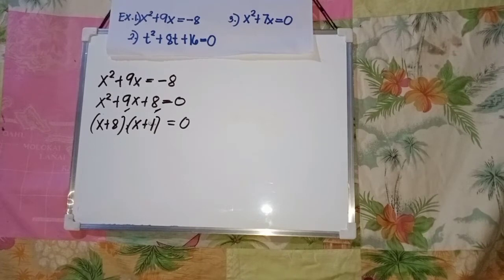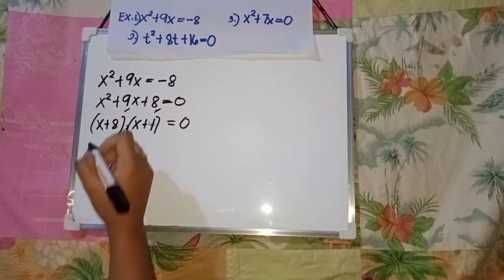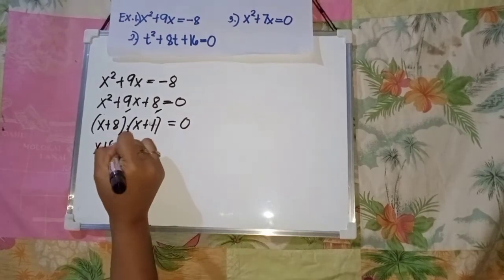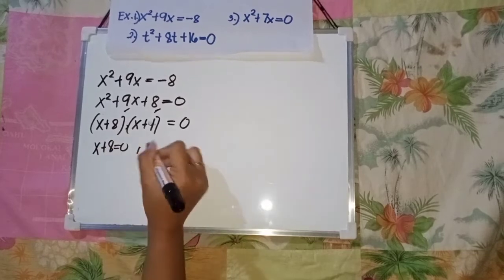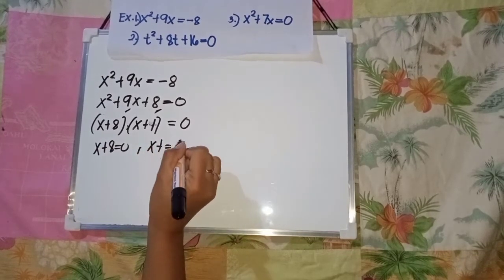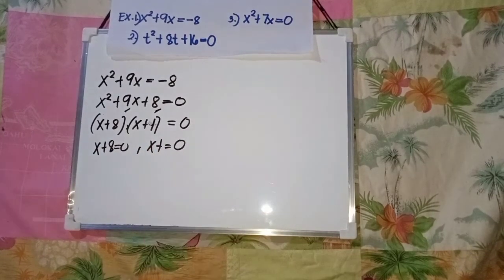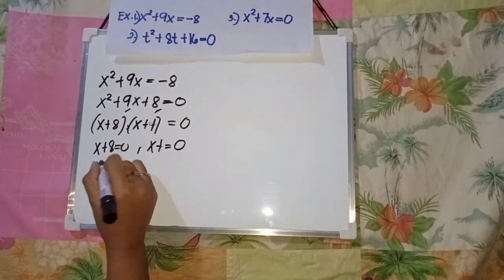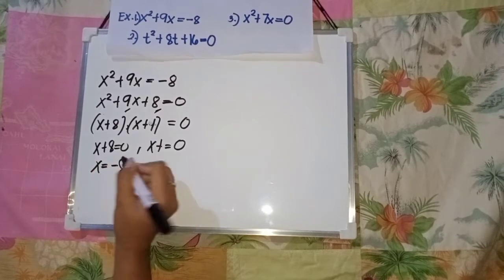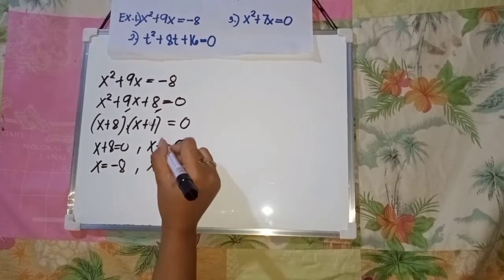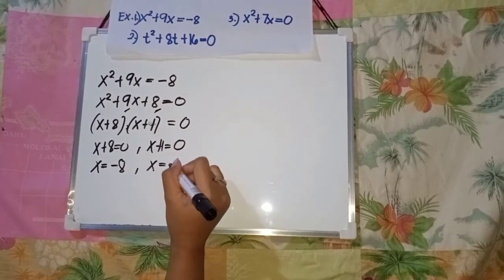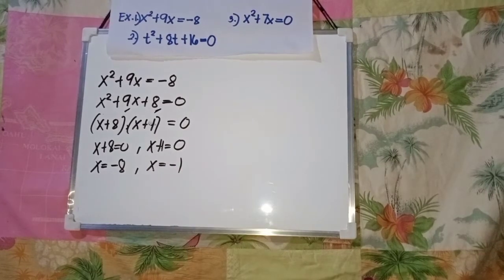Next, equate each term to 0. So, x plus 8 is equal to 0 and x plus 1 is equal to 0. With an additive inverse, x is equal to negative 8 and x is equal to negative 1.